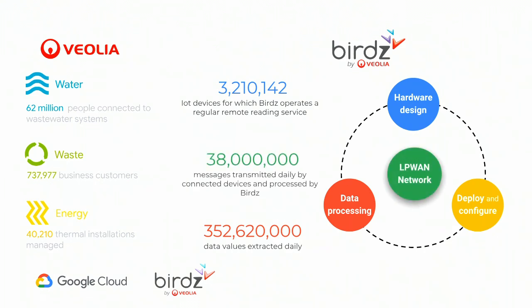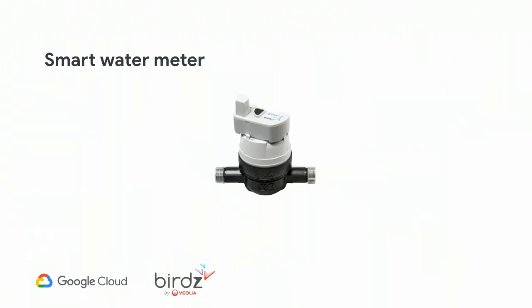And all of this works on low-power networks with our legacy protocol, but also with the new ones like Sigfox, LoRaWAN, and NB-IoT. The main business of Birds is smart water meters, which represent 90% of our assets on field, with devices designed to live up to 15 years on lithium battery.